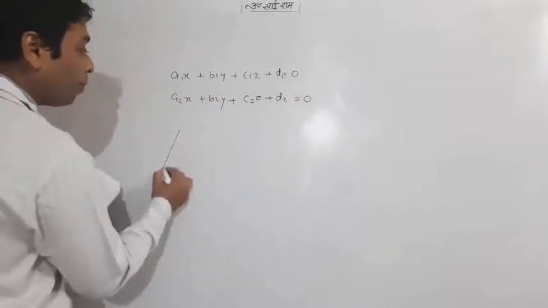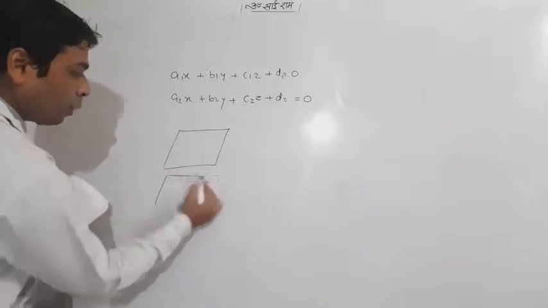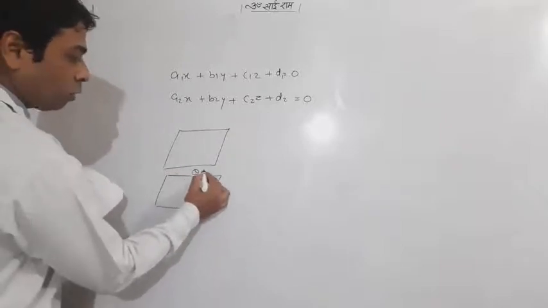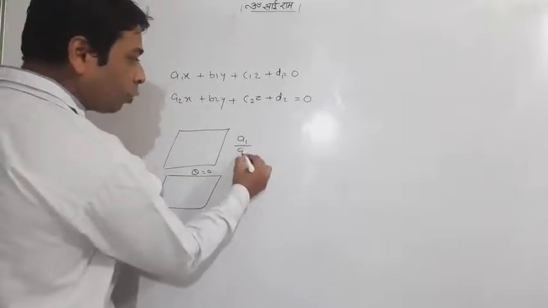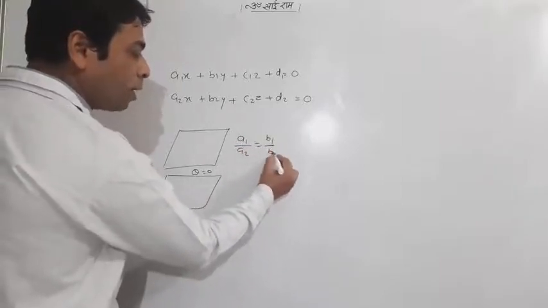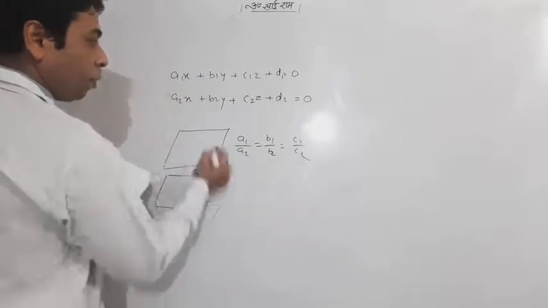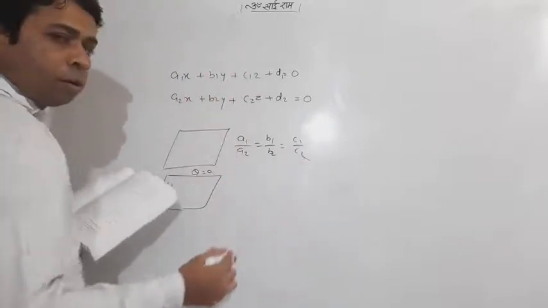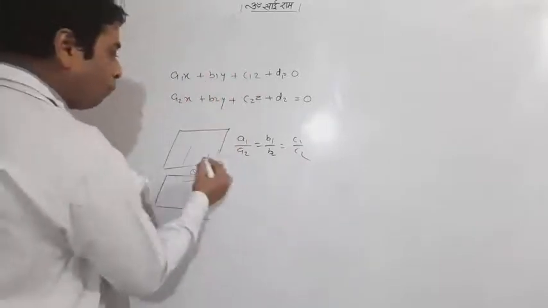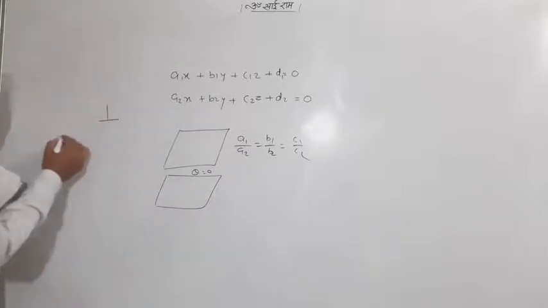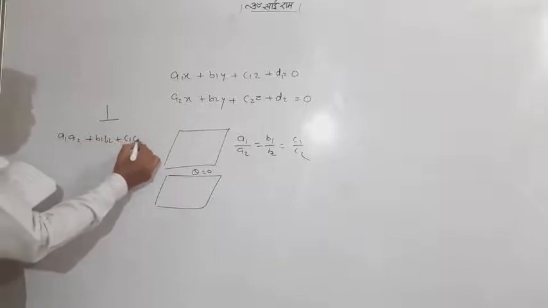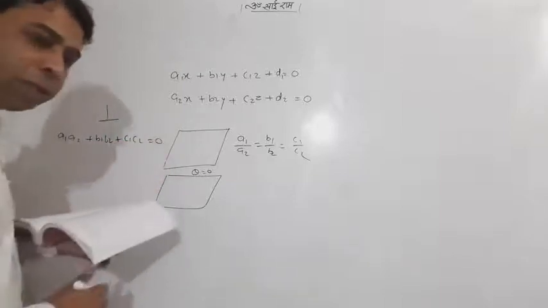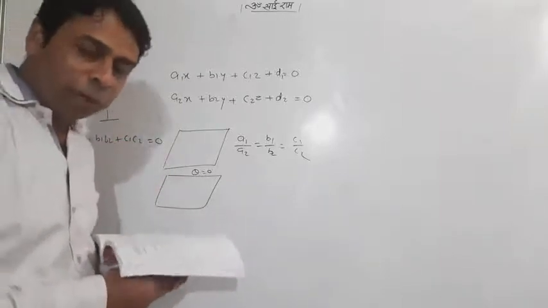Now, if planes are parallel, meaning theta is equal to 0, it means that the ratios are proportional. That is a very simple thing. Please try to understand. And if planes are perpendicular, you know it, a1 a2 plus b1 b2 plus c1 c2 is equal to 0. So you check from both sides and you can identify what the planes are.